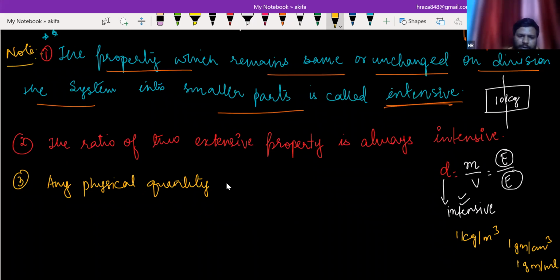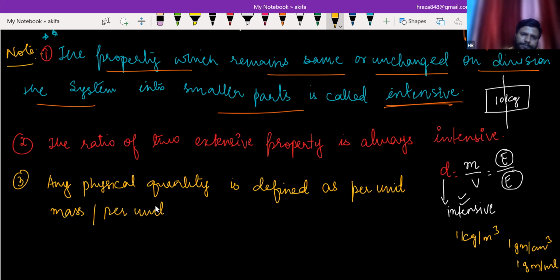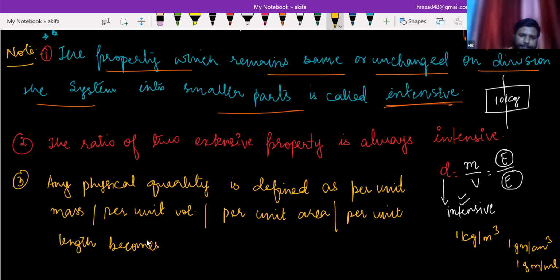Any physical quantity defined per unit mass, or per unit volume, or per unit area, or per unit length becomes intensive.